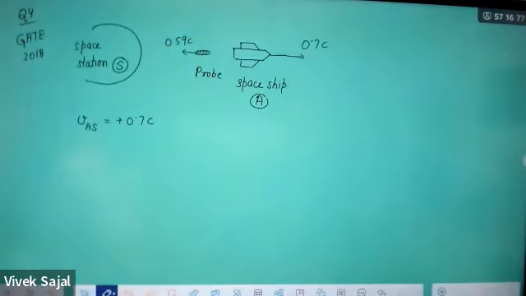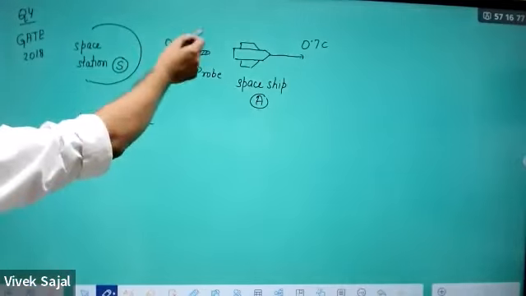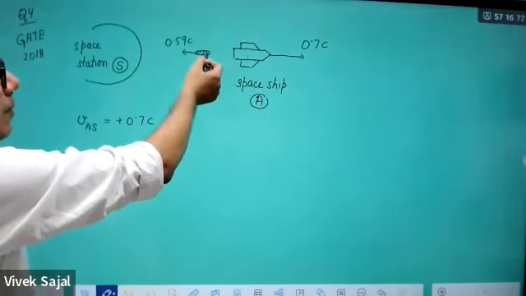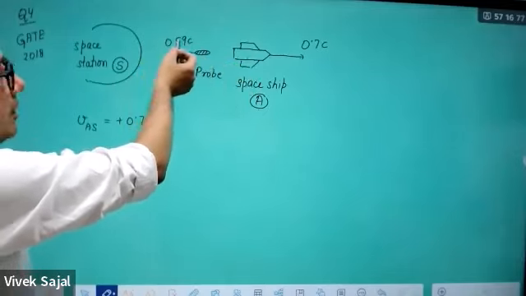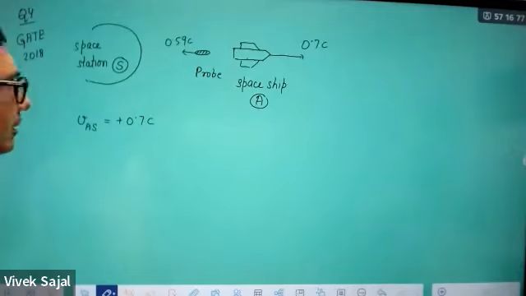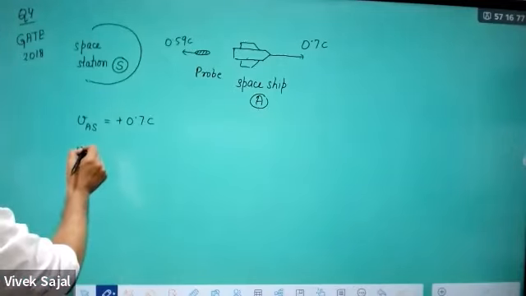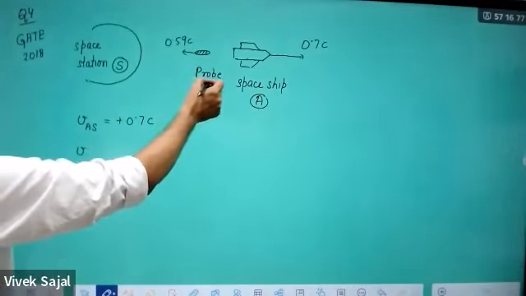Now what will be this 0.59 c? Can anyone tell me what velocity is given? What will be this velocity of the probe?